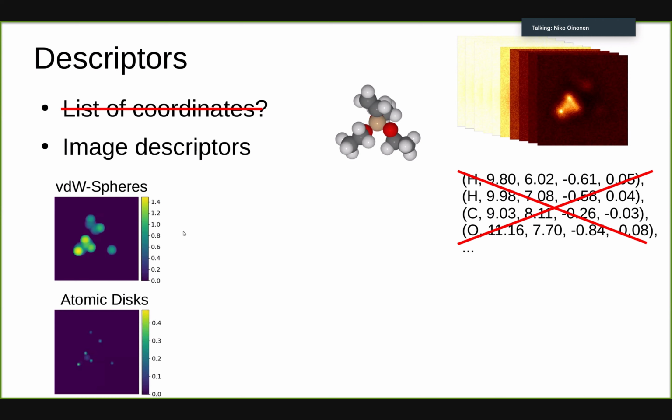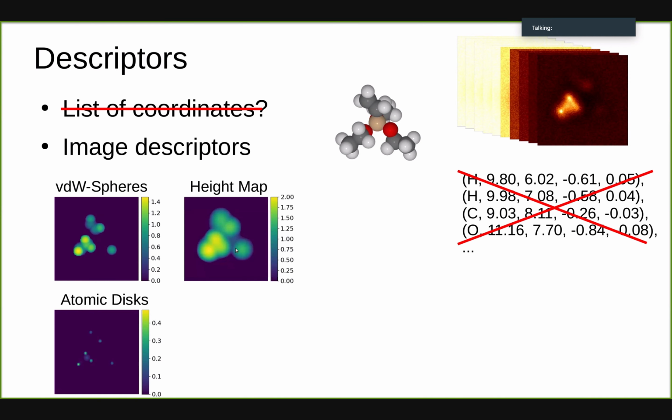The second is atomic disks, where each atom is represented by a small disk, and again, the brightness indicates how close the atom is. So it's a very similar idea as with the van der Waals spheres, but more precise in pinpointing the exact locations of the atoms.